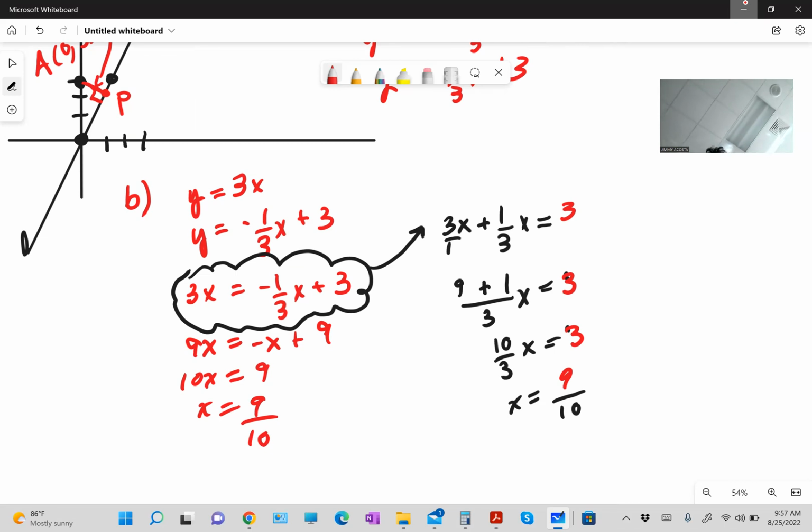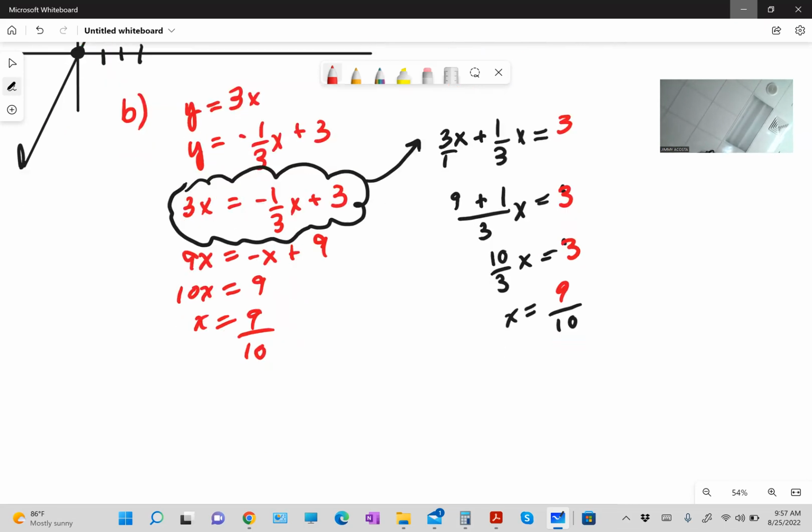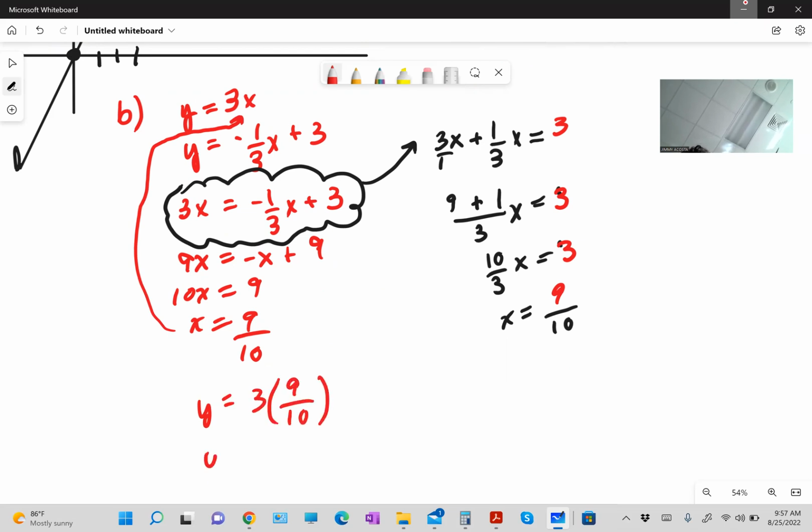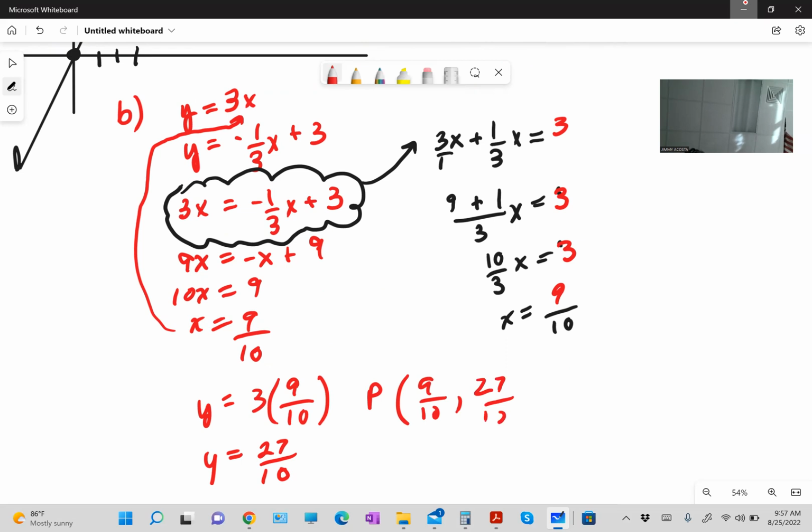Now I could just substitute the x into any one of these. This x can go into here. y equals 3 times 9 divided by 10. So that's 27/10. So the coordinate for P is (9/10, 27/10).